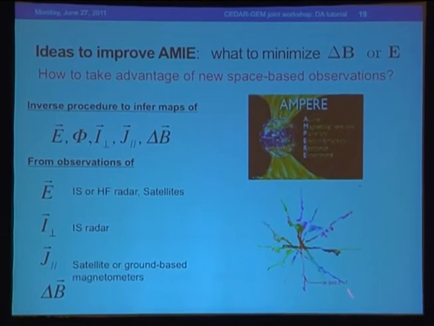We get a bunch of magnetometer data from the 66 satellites, with really dense observations. So now we can do the minimization in different quantities, and we could even minimize both rather than mapping to one or the other. So that's another idea.